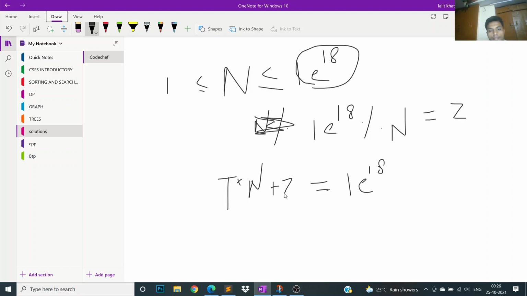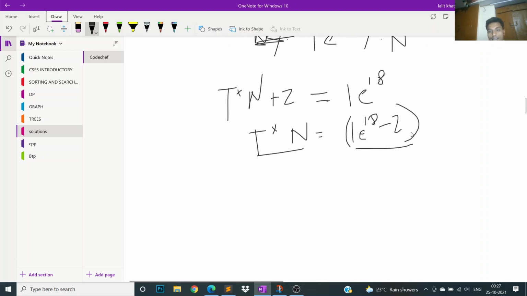I can say that it will be something like that. And n times t will be 10 to the power 18 minus z. If I subtract the z, the remainder, then it will be t times n.